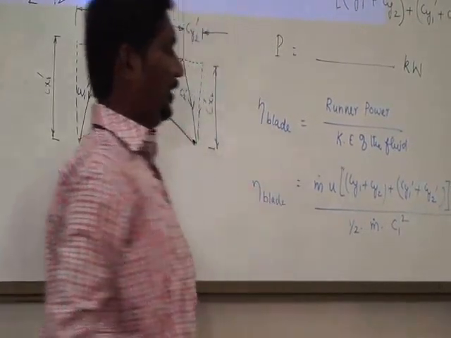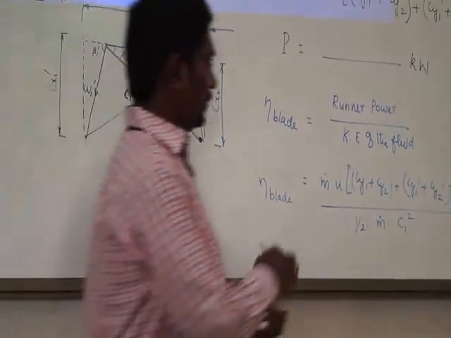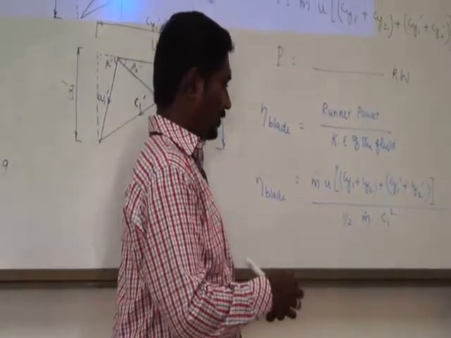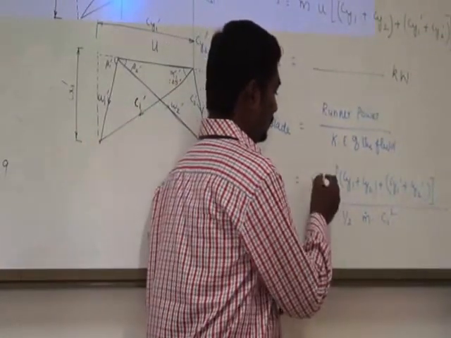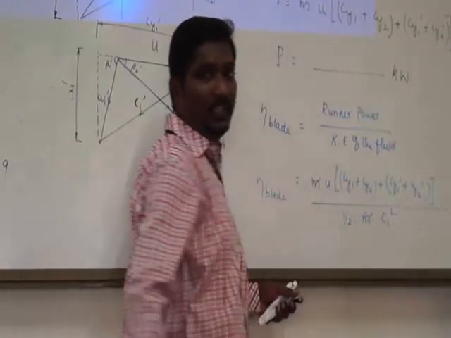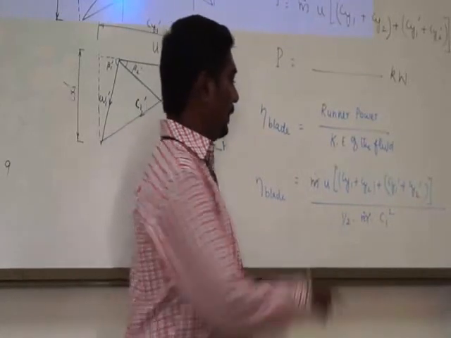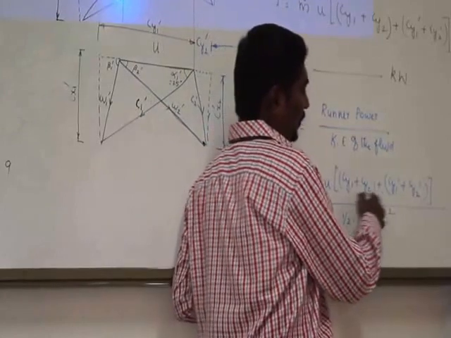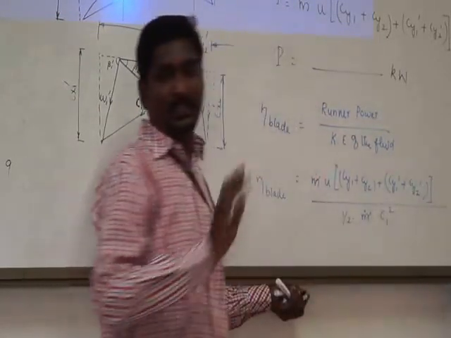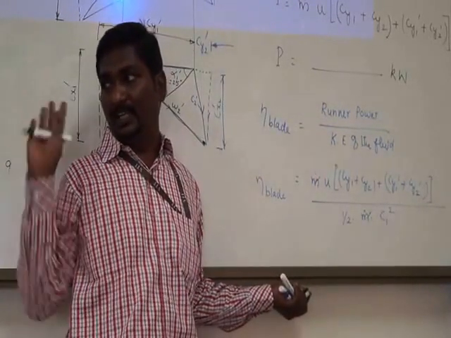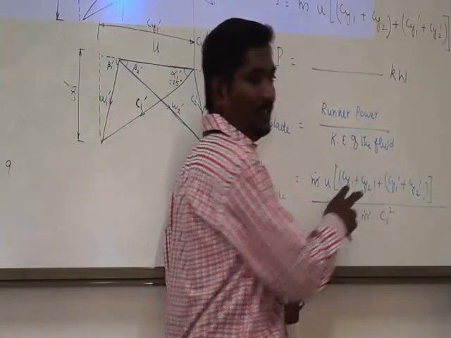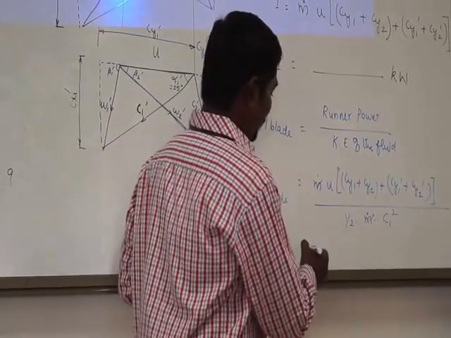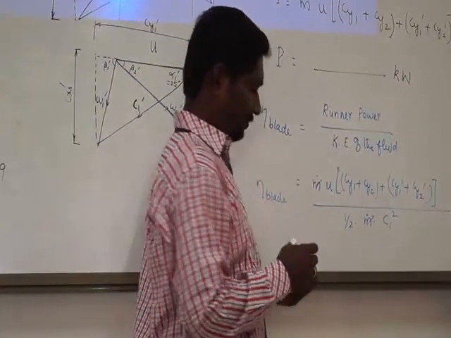That is the blade efficiency. So m will get cancelled. If you want, you can strike this out. C1 is the inlet fluid velocity, which is specified in the problem. U is the blade velocity, that is also given in the problem. C1, C2, C1 prime, C2 prime, all these we have to determine from the velocity triangle. We have to measure and multiply with the scale that we have considered. That will give you the blade efficiency.